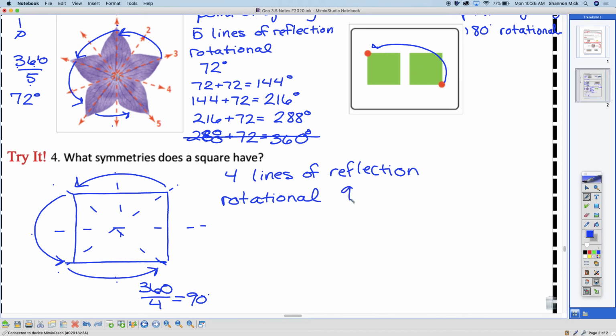So rotational is 90, 180, 270. And does it have a point? Yes. I understand that. So you're just going to have to think about the pictures you're seeing. That's basically it today.